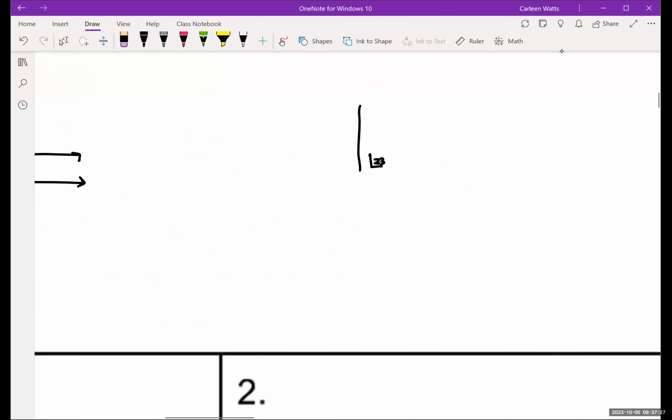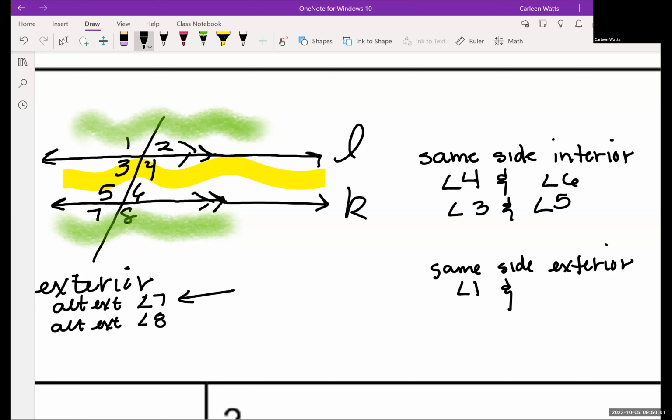Okay, awesome. Now let's go to the exterior. Angle 1. Same side exterior with angle 7. Angle 2. Same side exterior with angle 8.